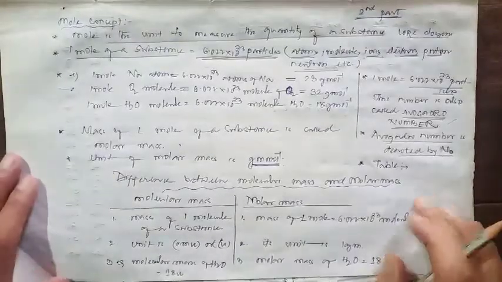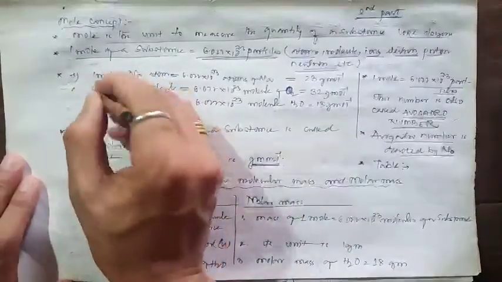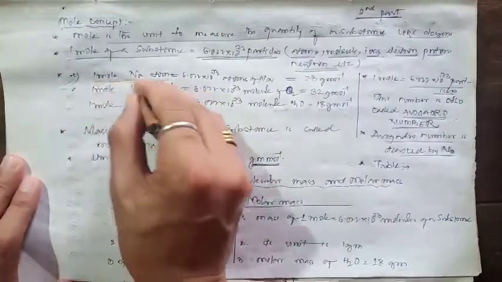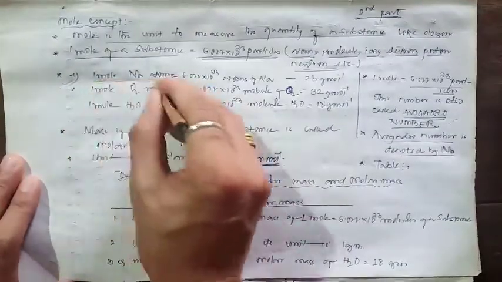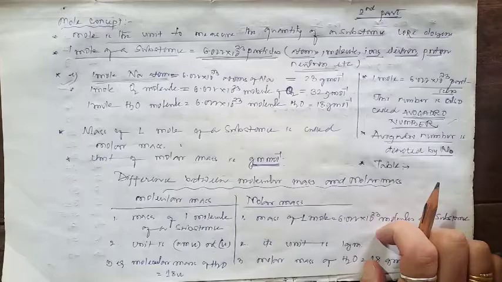Let's understand the unit. When I say 1 mole of sodium atoms, students, suppose you have been given a sample of sodium, and that sample is 1 mole.